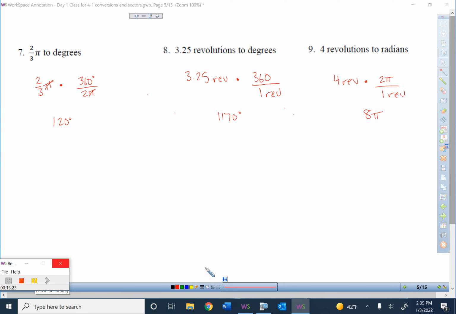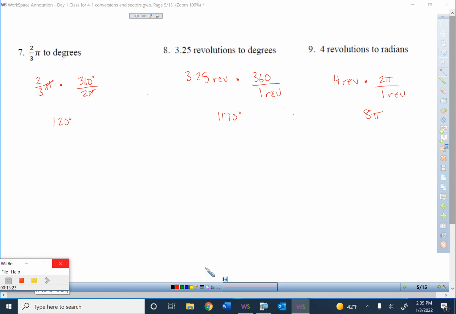Let me show you why. Okay, this pi over 2 I'm going to leave alone. And I'm going to multiply by this thing that is in the denominator, so it's like 1 over 2 pi. Then those pi's cancel out, and we can see the 1 is on top, 2 times 2, 4 is on the bottom.